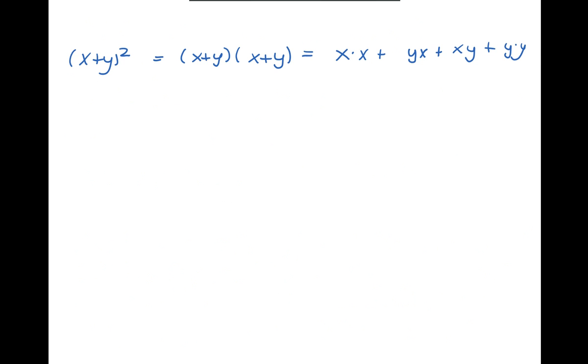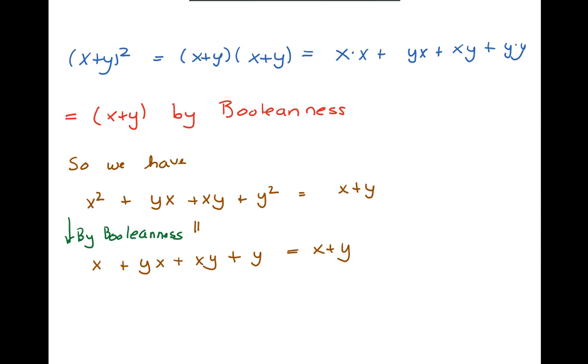Well, here we are. I just repeated this calculation again. But by Booleanness, we know that x plus y squared is really x plus y. So summarizing, that long expression in blue to the right is equal to x plus y. Well, x squared and y squared are the same thing as x and y, so I can drop out the x squared and y squared and replace them with x and y.